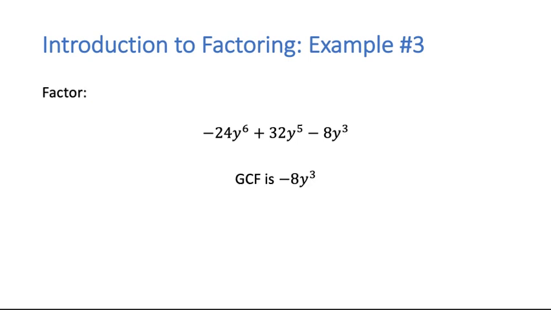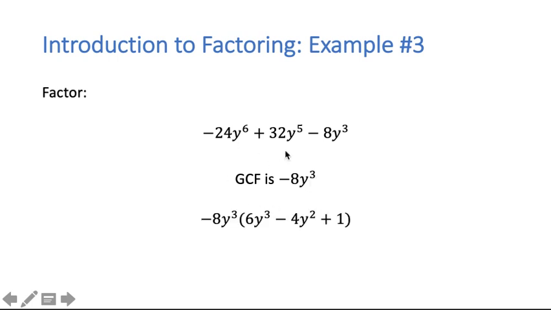Did you think the GCF was negative 8y cubed? Now, it's negative, remember, because like I said, there was a negative leading coefficient. And then the greatest common factor between 24, 32, and 8 is 8. And the greatest common factor among y to the 6th, y to the 5th, and y to the 3rd is y to the 3rd. So that's what I'm going to factor out.